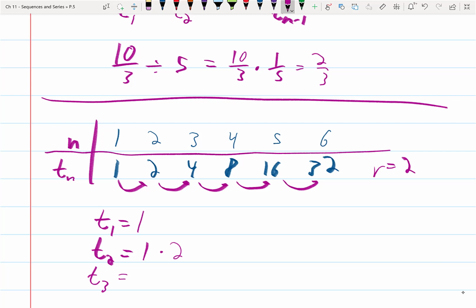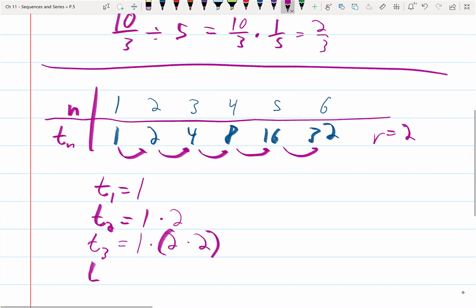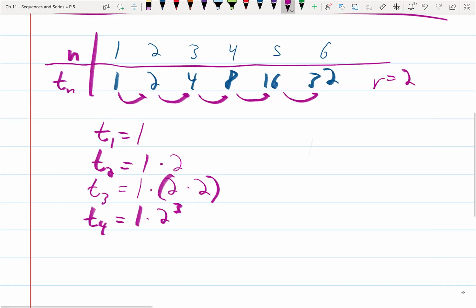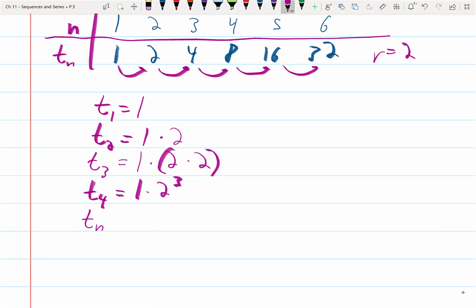T of 3 is equal to 1 times 2 times what? How many 2's? 2. How many 2's would T of 4 be? 3. How many 2's would T of n be? 2 to the n minus 1.